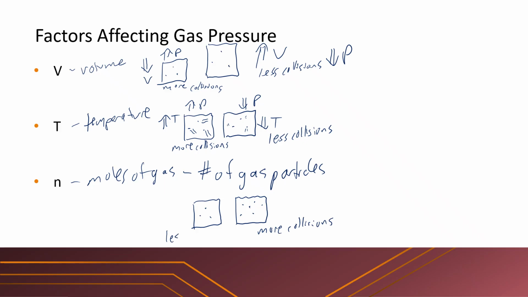Fewer particles will have fewer collisions. This one, I'm sorry, I wrote that backwards. This one will have fewer moles. This one has more moles. And so fewer moles means you're going to have less pressure. More moles means you're going to have more pressure. And so you need to know those relationships between pressure, volume, temperature, and moles.